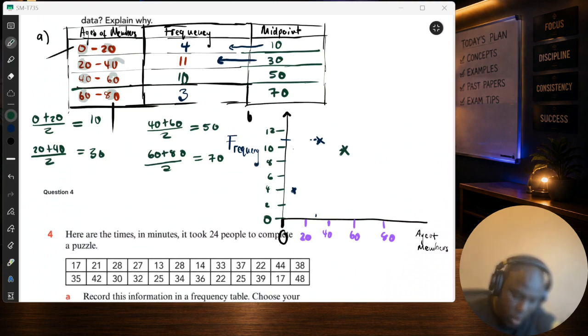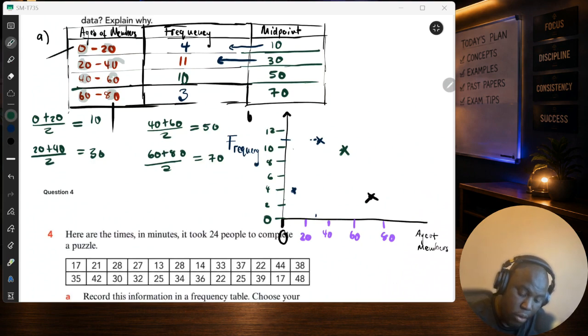Now we look for 70, where 70 meets 3. 70 is between 60 and 80, and 3 is between 2 and 4. So they will meet somewhere here. You can put a star like this. Then you join your points to do your frequency polygon.